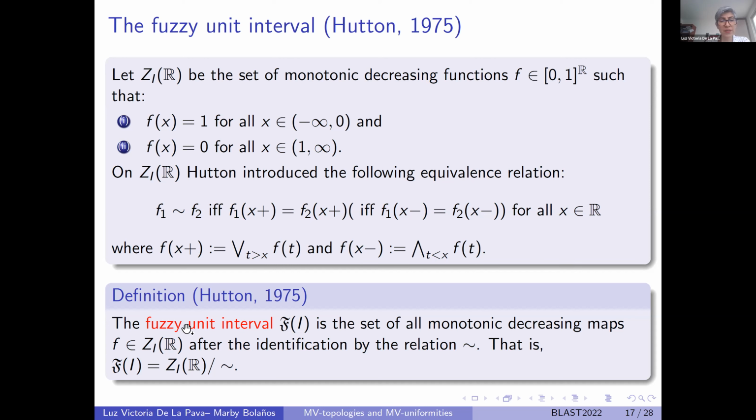So the fuzzy unit interval is the set of all monotonic decreasing maps F after the identification by this relation. This interval works like a 0-1 real interval for classic topology.